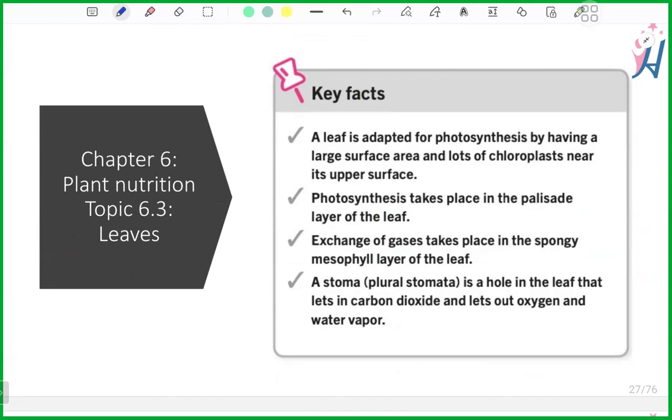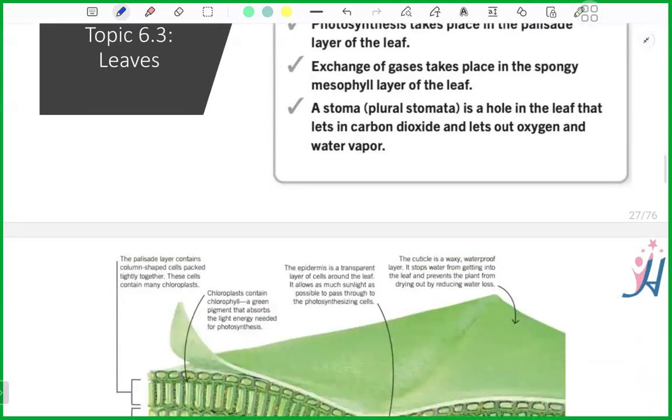And as for the chemical equation, it would be 6CO2 + 6H2O → C6H12O6 + 6O2. And we studied the structure of a leaf, or the layers of a leaf, and the adaptations that let it perform photosynthesis as best as possible.